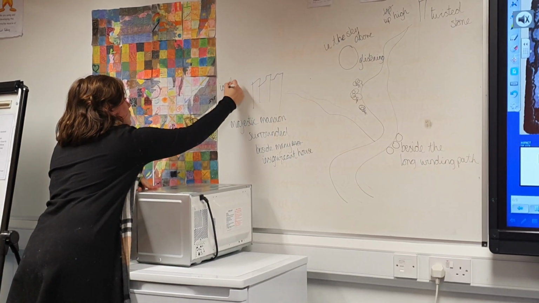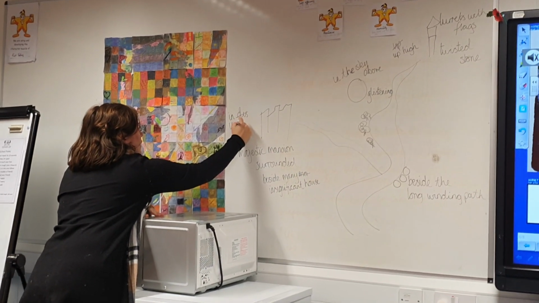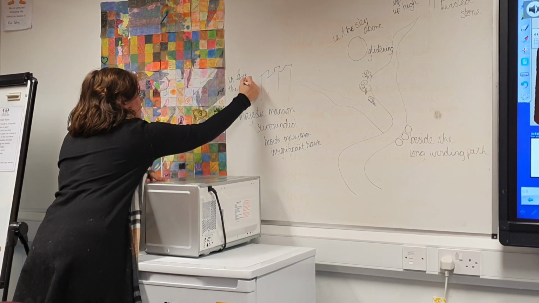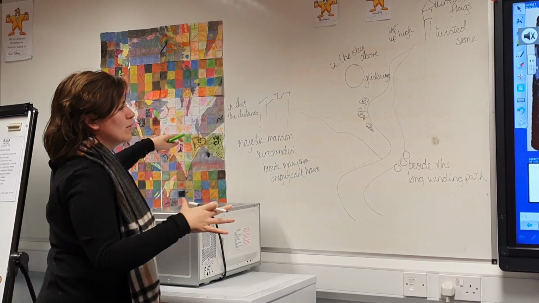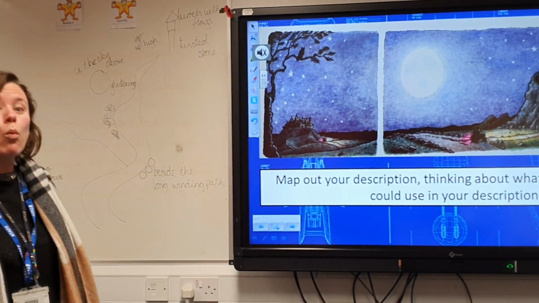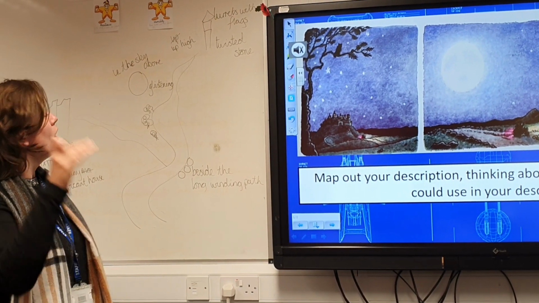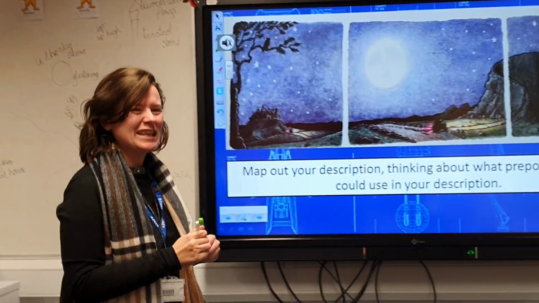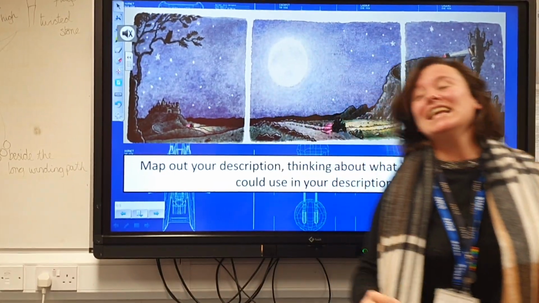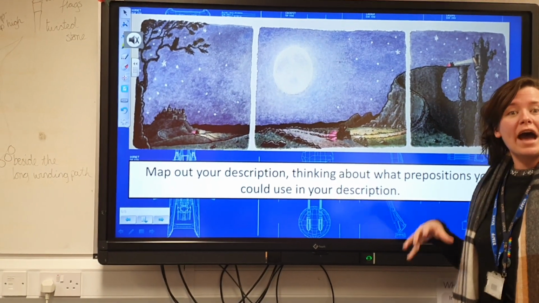In the distance. So I'm slowly adding more and more details, trying to say where they are with those prepositions. Up, beside, next to. It's really important to get those key words in because it's going to make it really easy now when we come to do our actual writing.